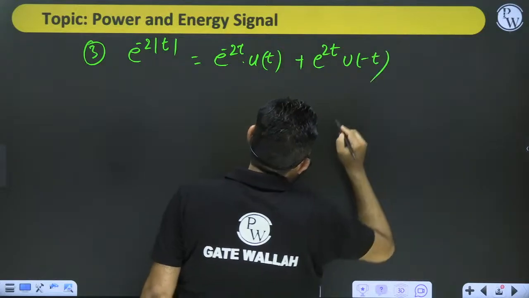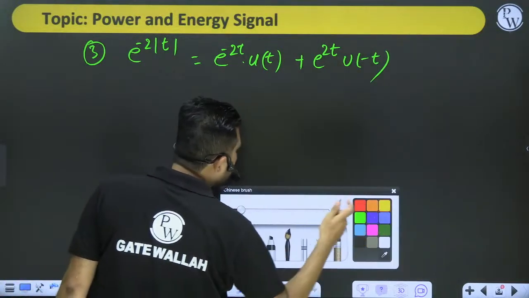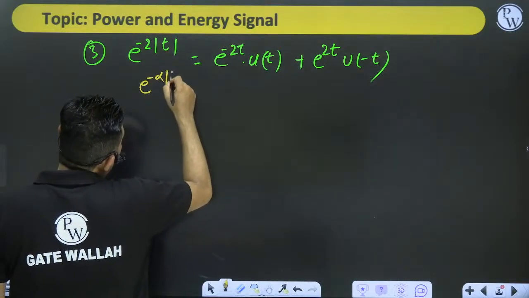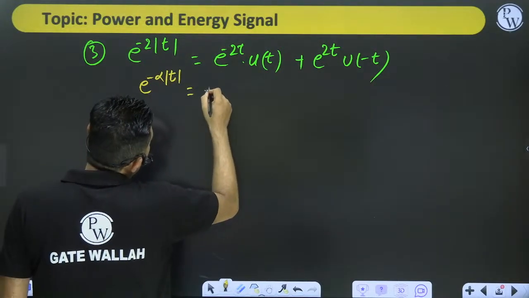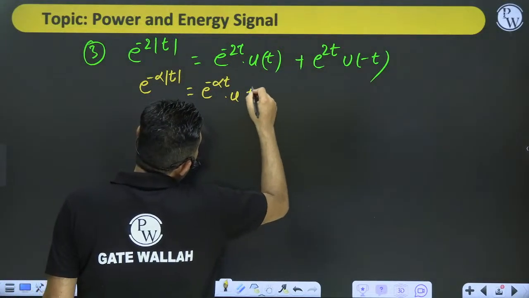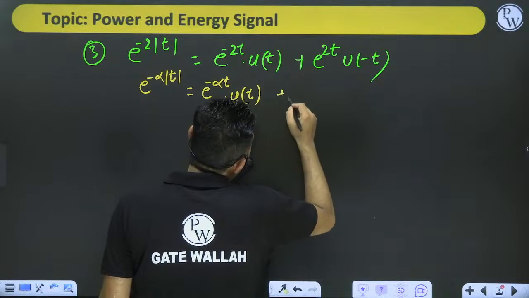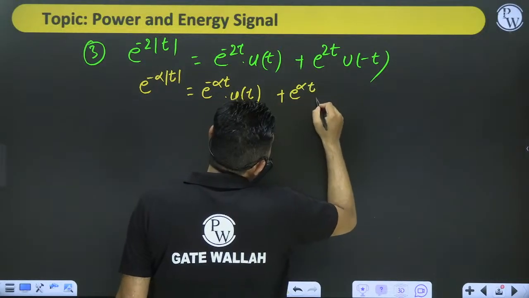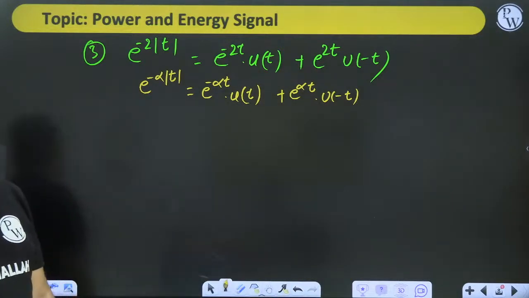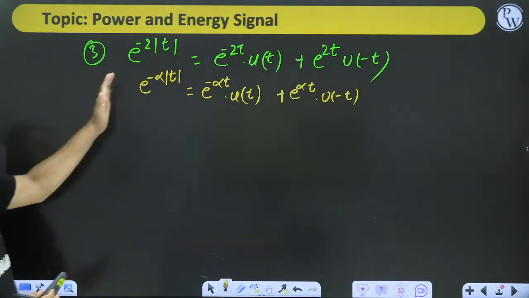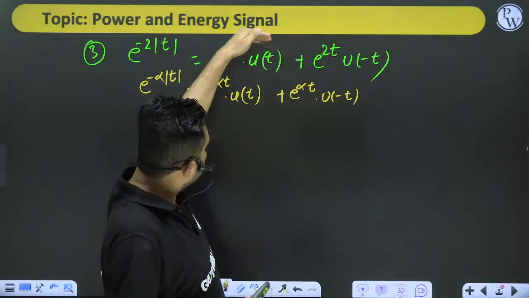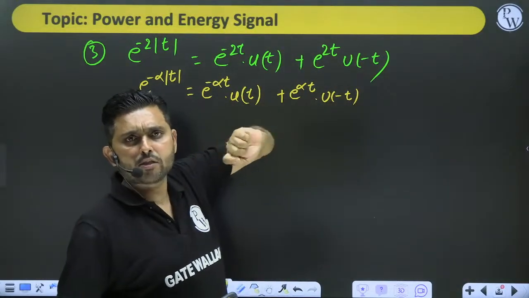I told you that in general, if I have e to the power minus alpha mod t, it can be written as e to the power minus alpha t u(t) plus e to the power alpha t u(minus t). So how will you find out the energy of this function?